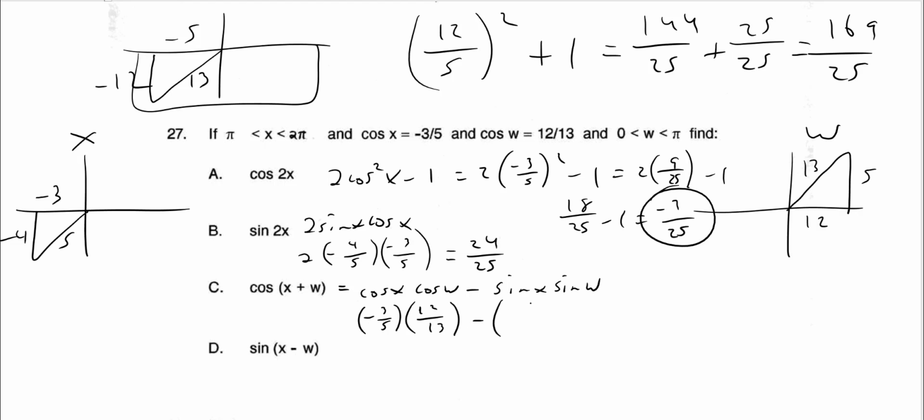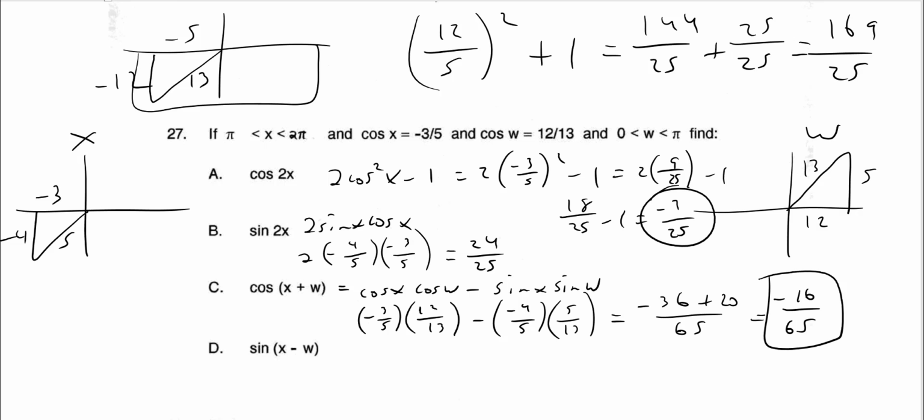Sine of x is negative 4/5. And sine of w is 5/13. Denominator should be the same. If they're not, you did something wrong. So that gives us negative 36 plus 20 over 65. So that gives us negative 16 over 65.